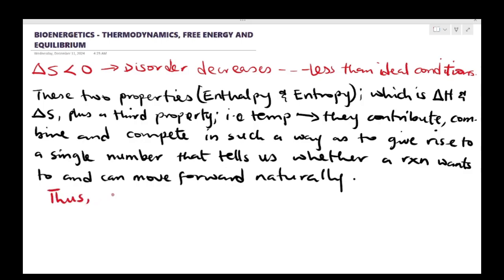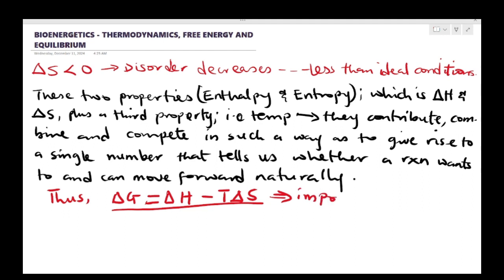Delta G is equal to delta H minus temperature times delta S. Delta G equals delta H minus T delta S. This is a profoundly important relationship equation in thermodynamics.